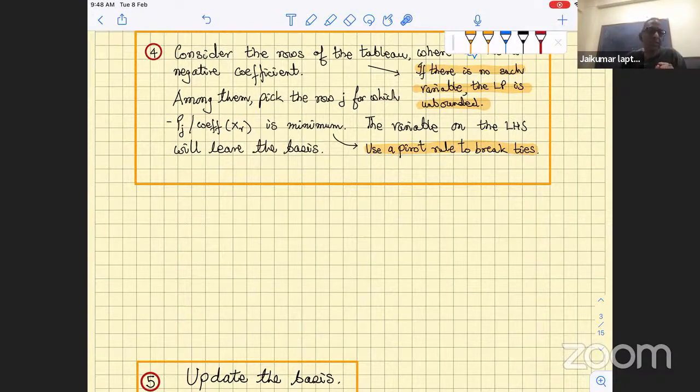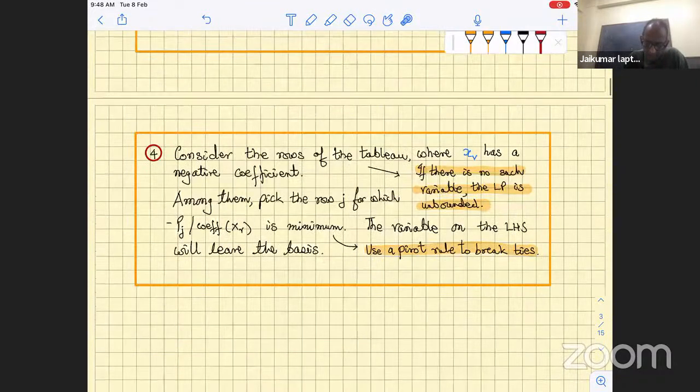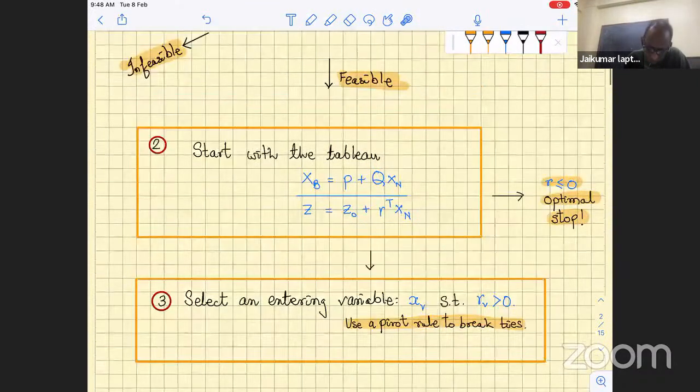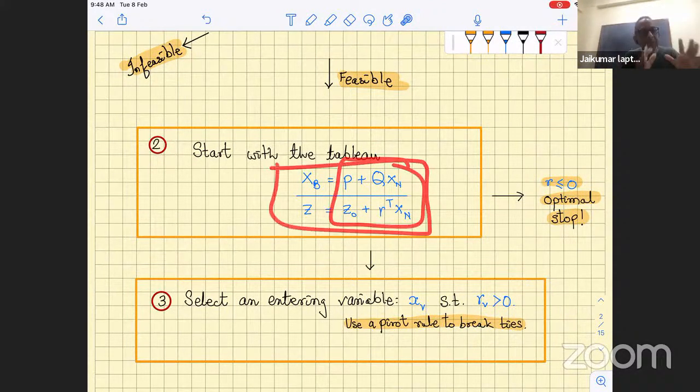Let us see. Suppose at each step the objective value actually improves. Then it has to terminate. Why? Because we only go through basic solutions, and once you determine the basis, the entire tableau is completely determined by the basis.